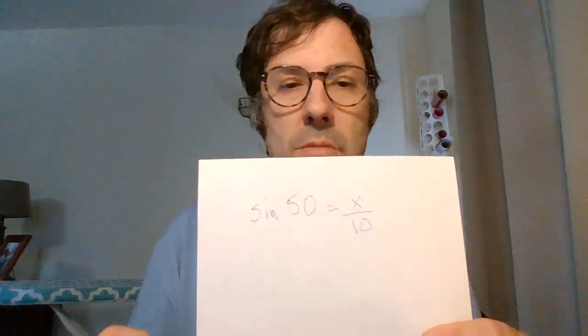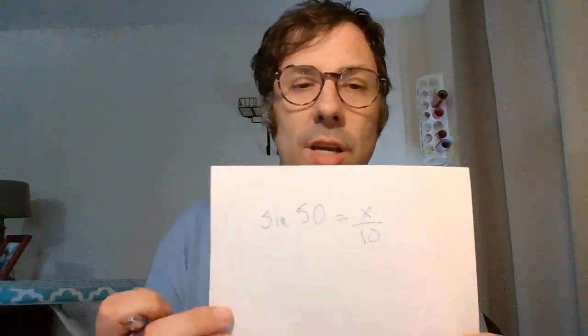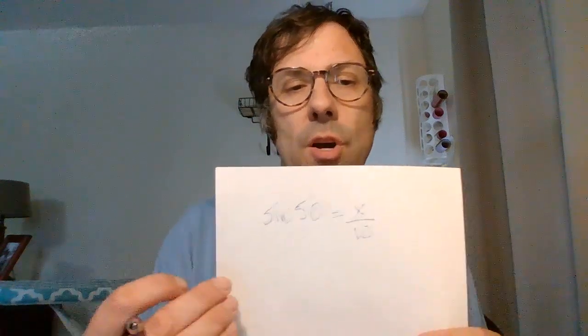So when you have something like that, you'll write it out as a note that looks similar to this. Sine of 50 is x over 10.